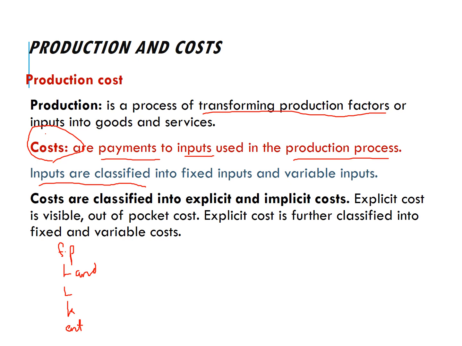You have 4 categories. These resources are not free. These resources are limited or scarce. So in order to use this factor of production, you have to pay them.